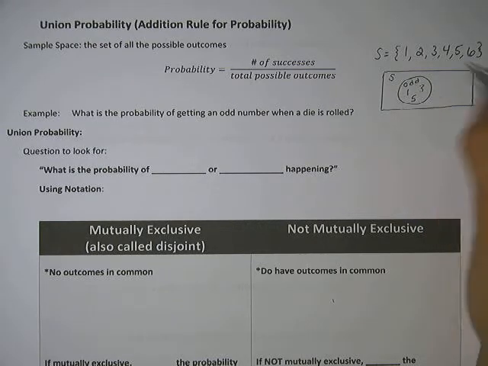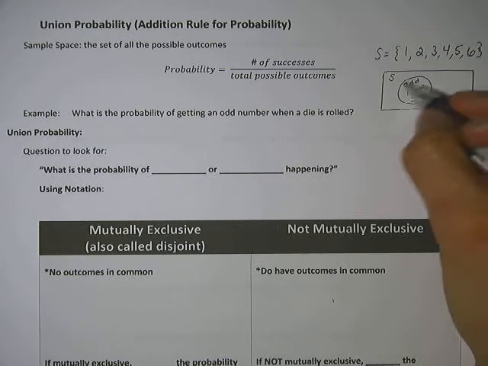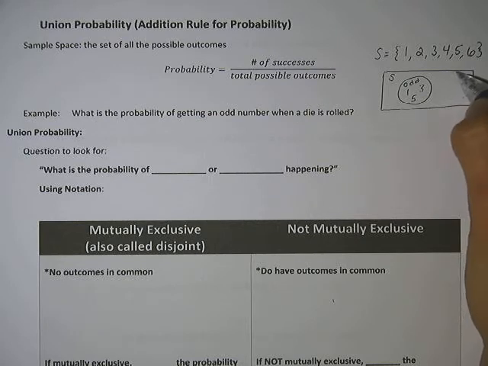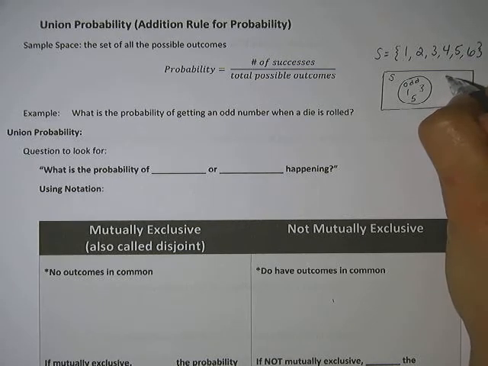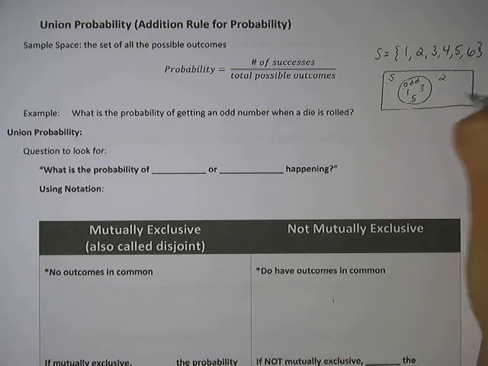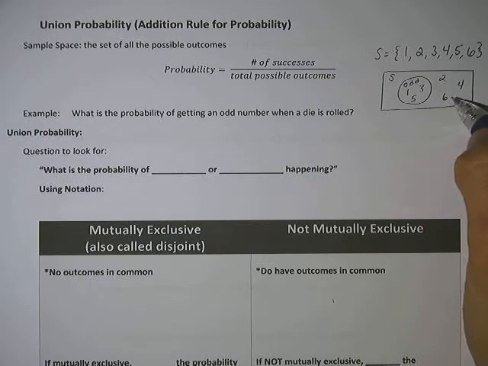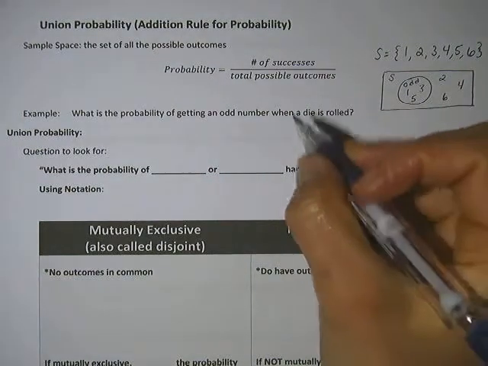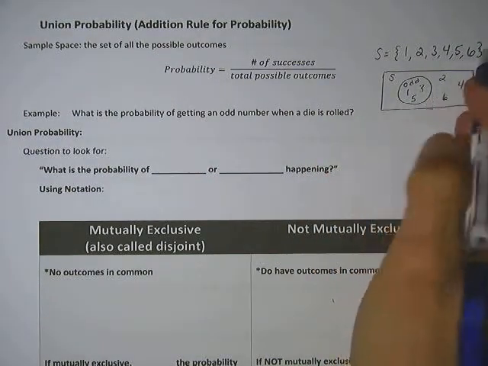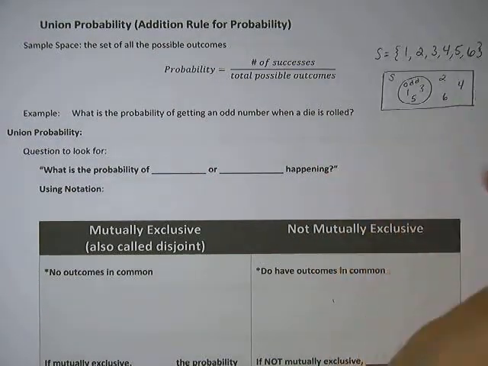All of the other numbers that are not in this set would be outside of it, so we could put 2, 4, and 6. That would be a way of representing this problem. You can think of it like a Venn diagram, or you can think of it like just writing out your outcomes.